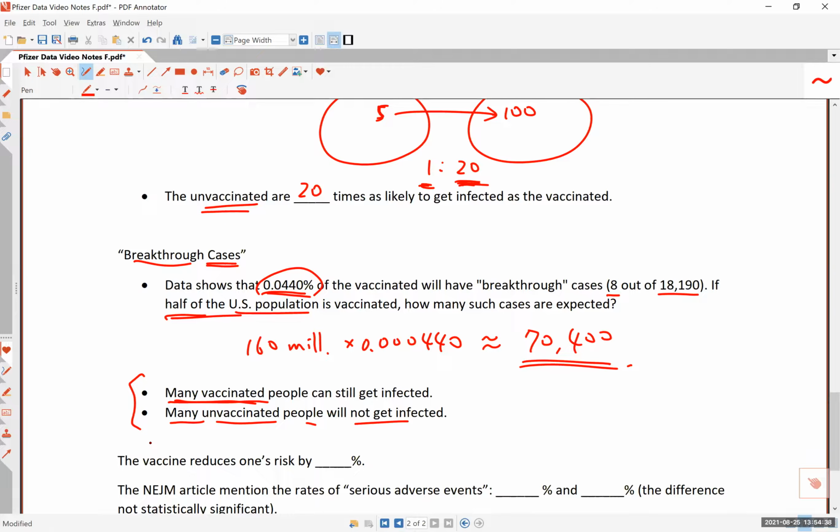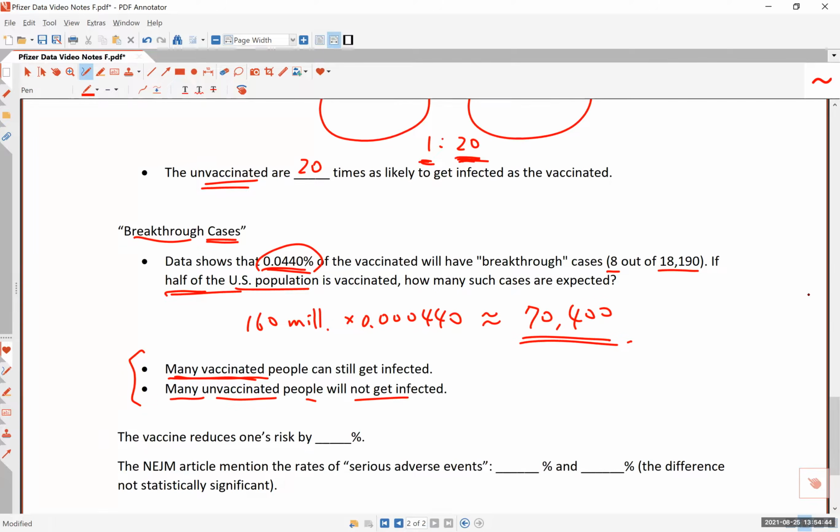But do these statements mean that the vaccine is not effective? The answer is no. They do not mean that the vaccine is ineffective, because as we saw, percentage-wise, and that's what you have to pay attention to, the unvaccinated are 20 times as likely to get infected.